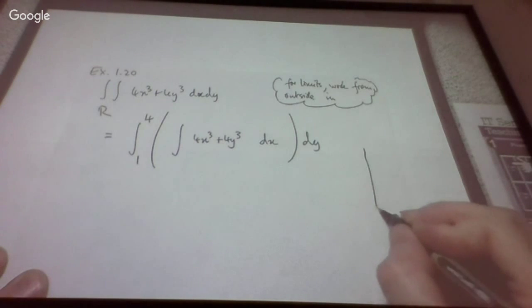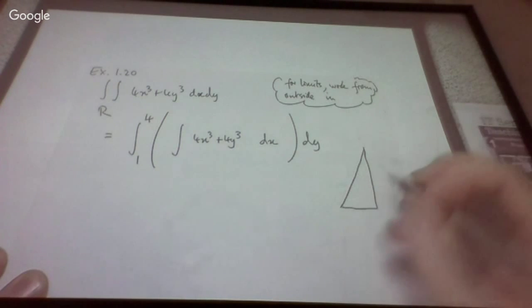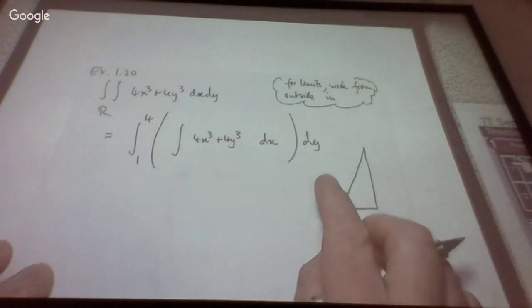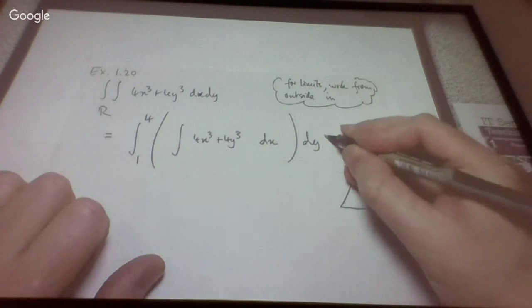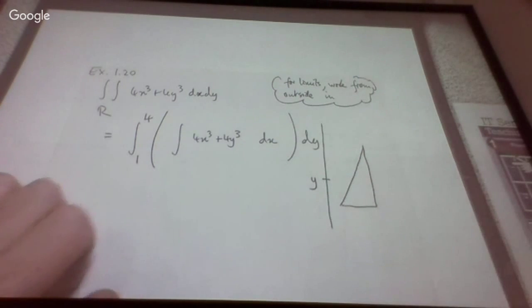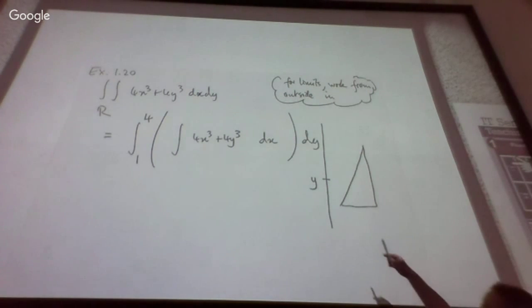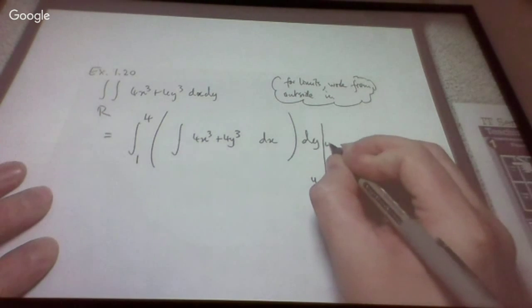So here's just a quick sketch of the triangle. It's got a curved hypotenuse. We think of the y integral on the outside as supplying a typical y value. So the outer integral supplies a typical y value somewhere in the range between 1 and 4.